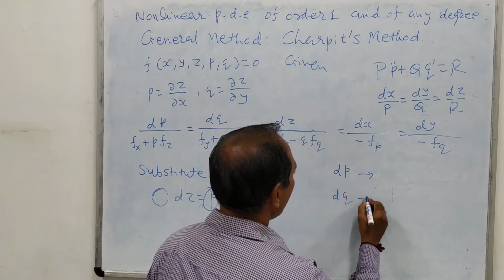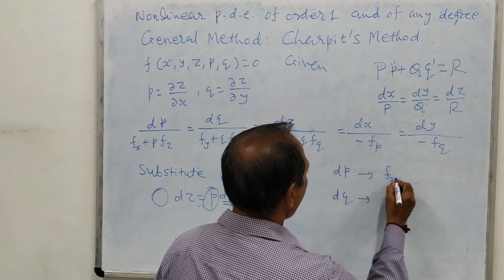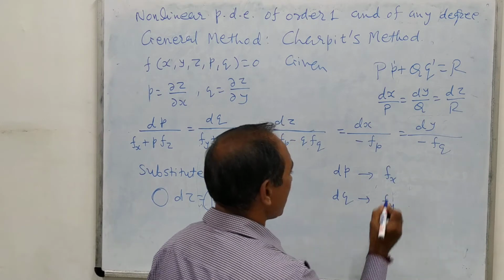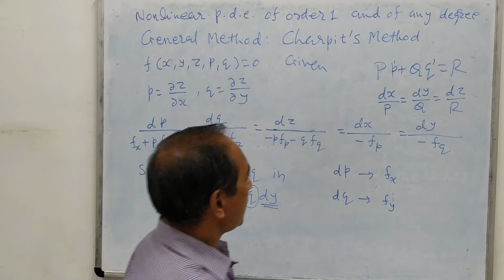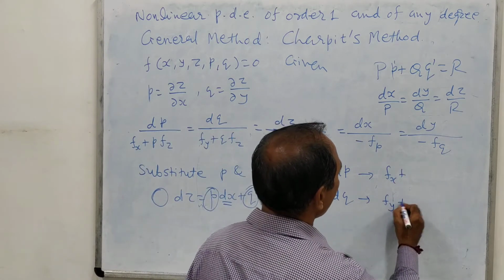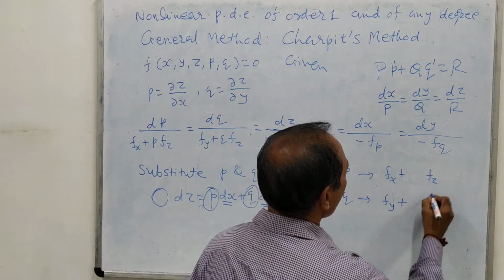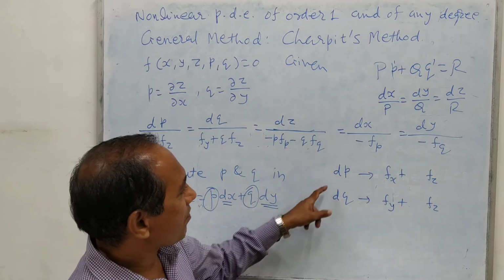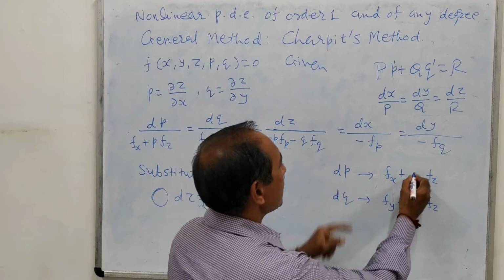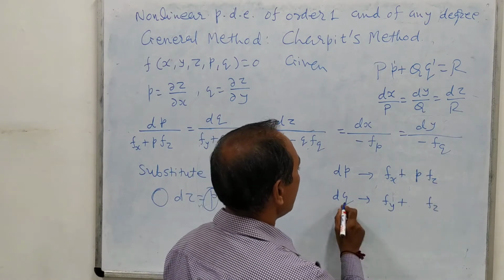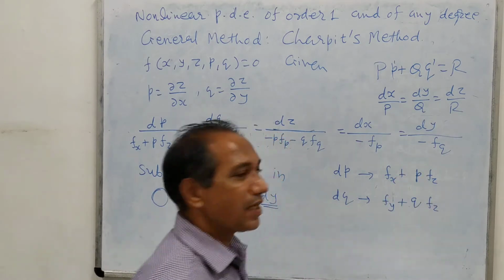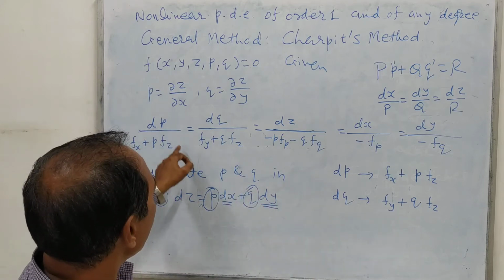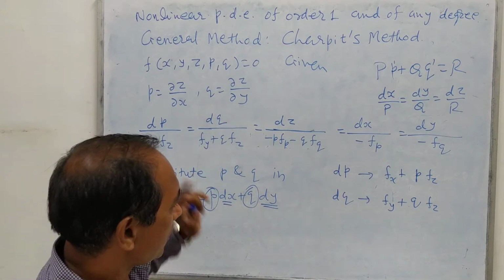So with dp you write down fx, with dq you write down fy. Then plus in both we will have to add f of z. Here it is dp, so we will multiply this by p. Here it is dq, so we will multiply this by q. So we can get dp upon this one and dq upon this one.